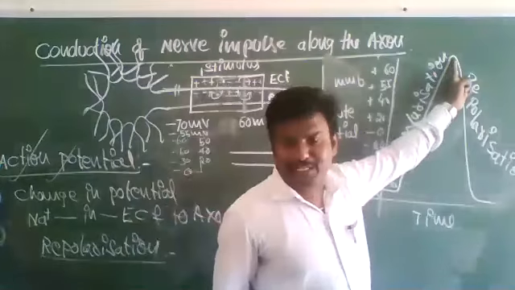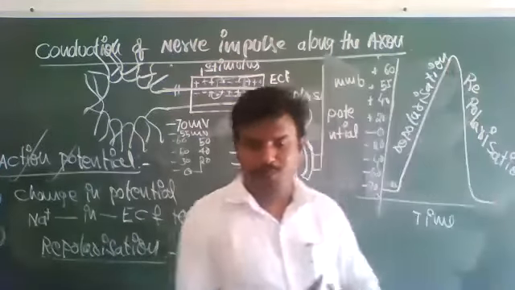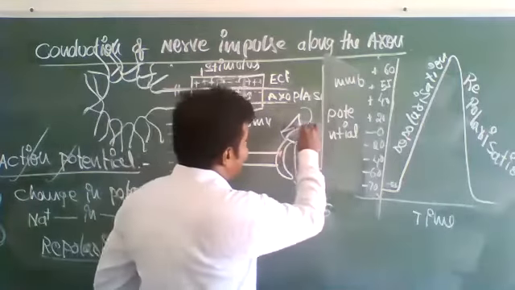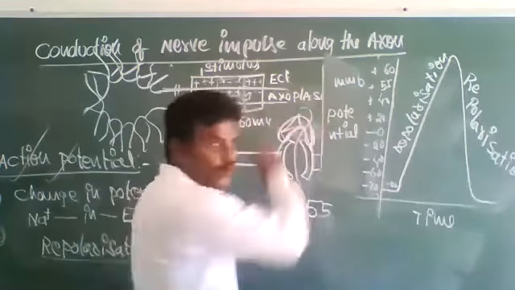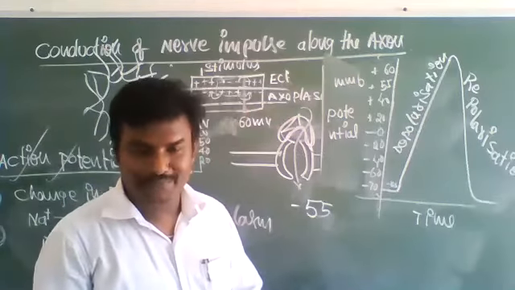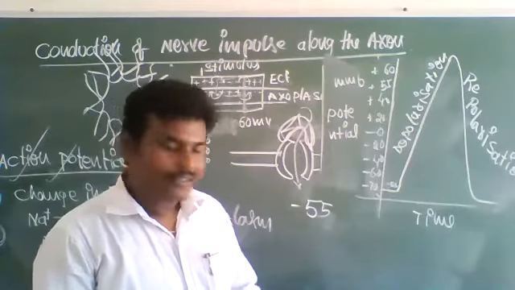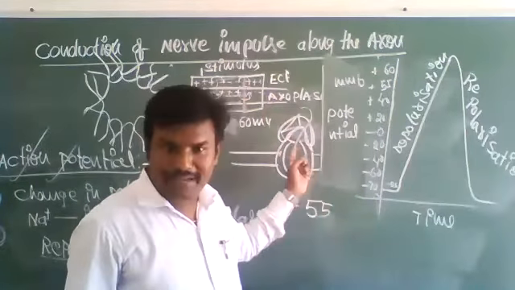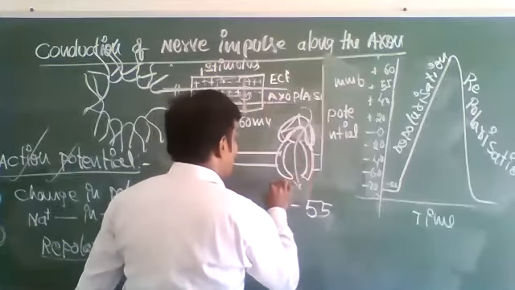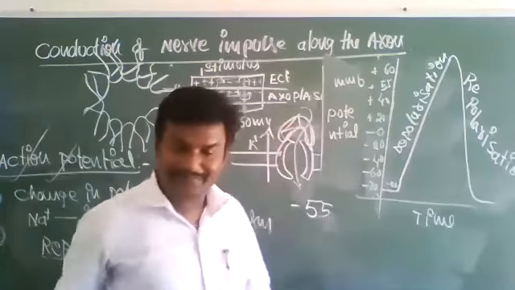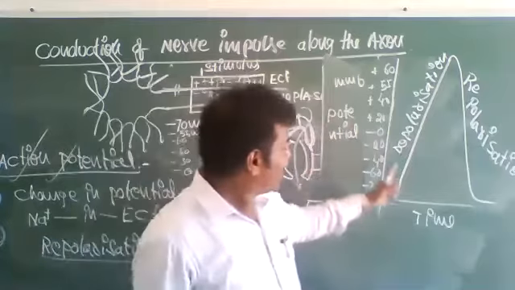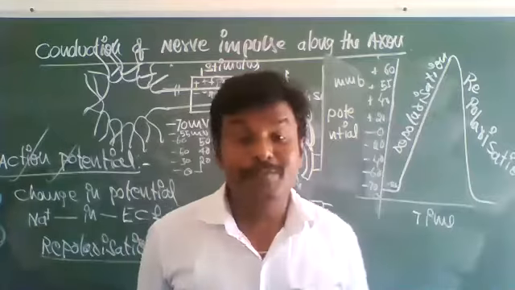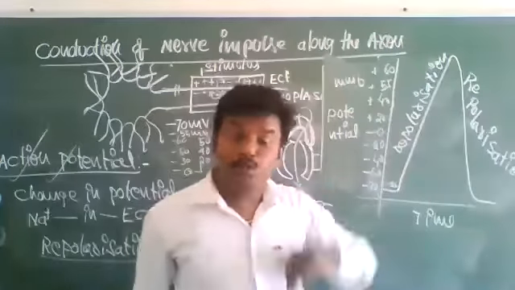At the peak of the action potential, the sodium ion gated channels are closed. Then the membrane is less permeable to sodium ions and more permeable to potassium ions.